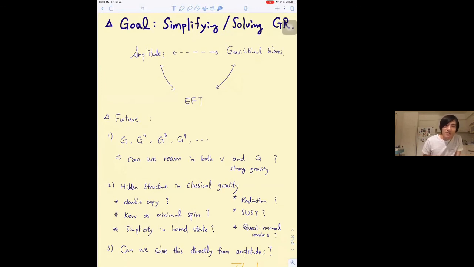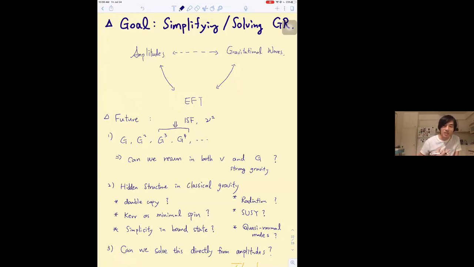One obvious future direction is that we first see the non-trivial result at order G cubed, so obviously you want to understand the higher orders. One particularly interesting thing is that these two orders are where the so-called first self-force, or the first order in the reduced mass ratio nu, first appears.